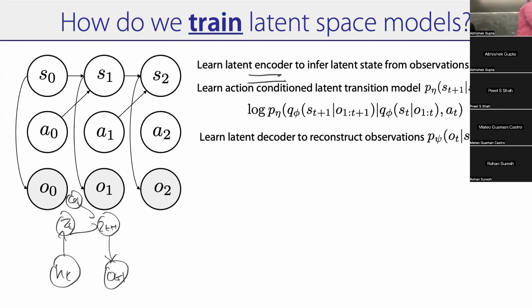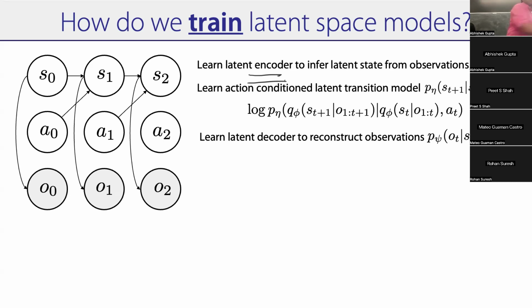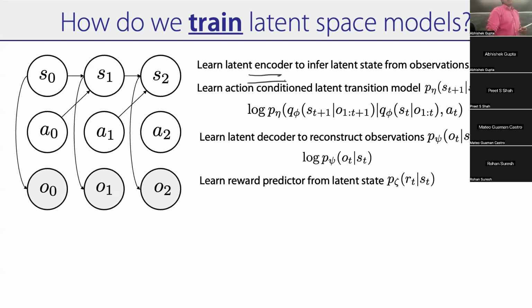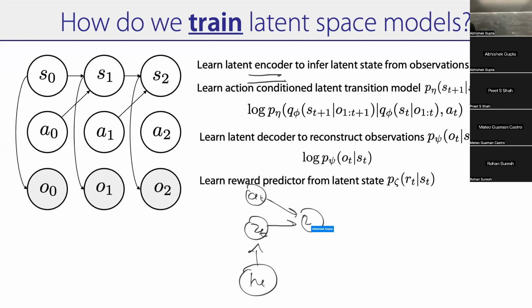And then lastly, you're going to have something that predicts reward. Your same history goes to latent space, and the latent and action go to future latents. You have one thing that tries to predict the future observation, OT plus 1, and another thing that tries to predict future reward.